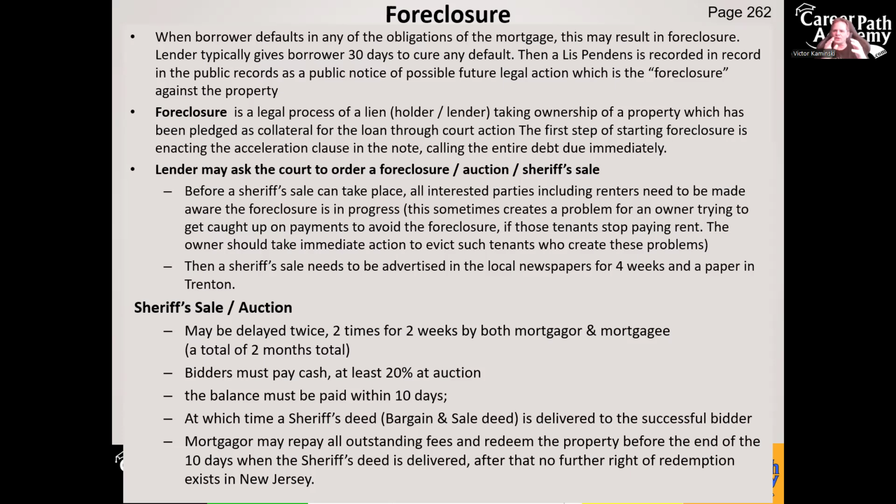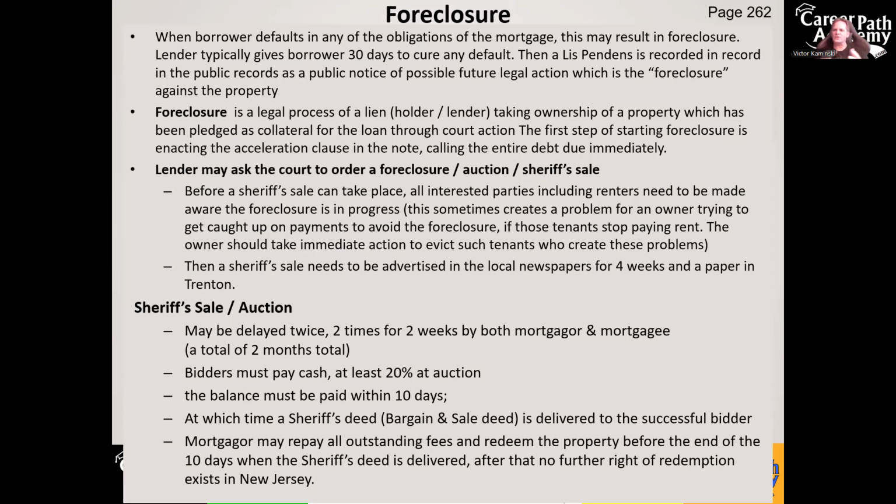But even after a sheriff's sale occurs, if we still did not close on the sale of the property, we still have 10 additional days after a sheriff's sale before the deed is delivered to that winner of that sheriff's auction. We could still close on the sale, pay back all the lien holders.